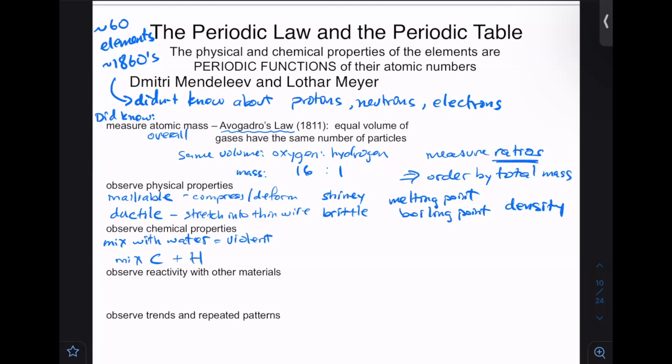Now, many of you may remember, if you took chemistry recently, that carbon can form up to 4 bonds with things, okay? Or oxygen can form up to 2 bonds with things. That's what we say now. But back in Mendeleev's time, they were talking about the combining power. When you mix carbon and hydrogen, you find that it has a combining power of 1 to 4.